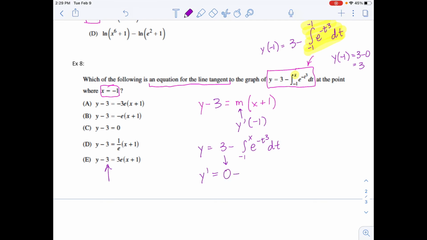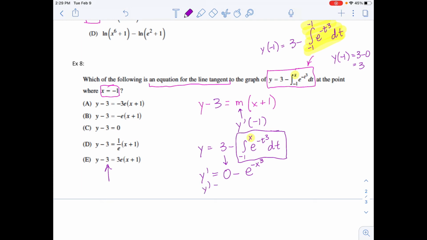I'm subtracting the derivative of this. So is that the original fundamental theorem or is that the corollary? We're applying the original fundamental theorem because the upper limit is just x. It's not a function of x. So the derivative of that is just going to be the integrand e to the negative x cubed instead of e to the negative t cubed.